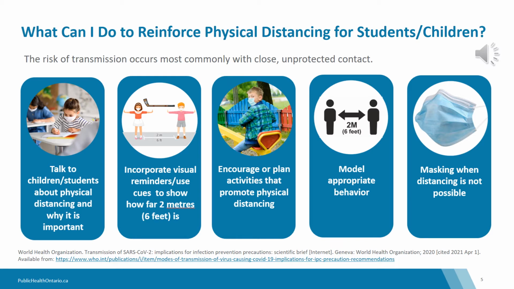Visual cues, for example, markings on the floor or walls to show distance between people, can be helpful. If age appropriate, plan activities that promote physical distancing. Model appropriate behavior by demonstrating consistent physical distancing from other staff members. It is important to note that strict physical distancing may not always be possible or recommended, especially for younger children. Masking is an important supplemental strategy that will reduce the risk with close interactions.